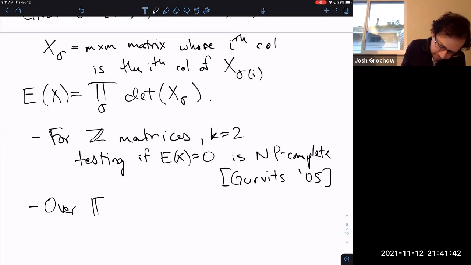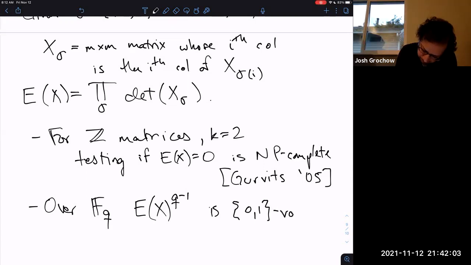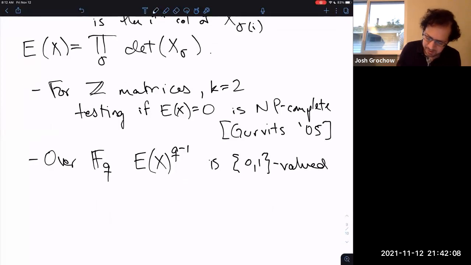Other things we can say: if you consider this over a finite field, which is ultimately where we want to be headed, when I raise things to the q minus 1th power, they become 0, 1 valued. And this function really now is in NP.